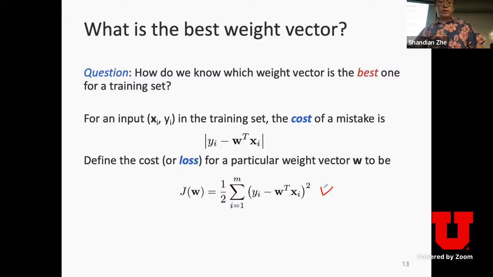Yeah, so we can just minimize this total cost function. Among all possible planes or hyperplanes in your instance space, we find which one makes this total loss, or total cost, the minimum. And then we call that particular hyperplane the best linear regressor. That is the idea of least mean square training. Does it make sense?